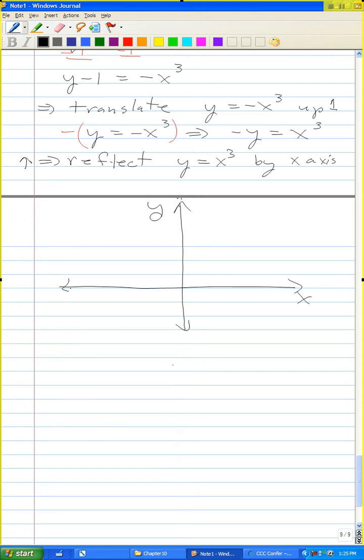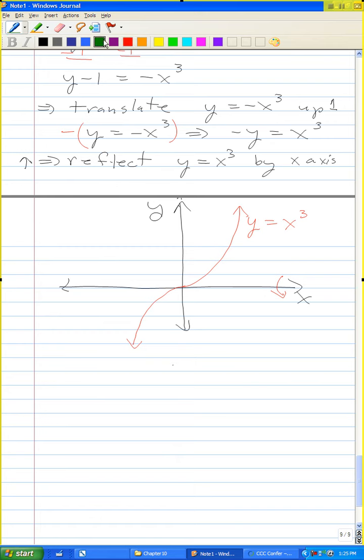Okay, so let's first sketch, maybe I'll do it in red, the graph of y equals x cubed. Luckily, I know that because I just memorized how to graph all power functions. So that's the graph of y equals x cubed, and I want to reflect this about the x-axis. So I'm going to take the curve here and reflect it about the x-axis.